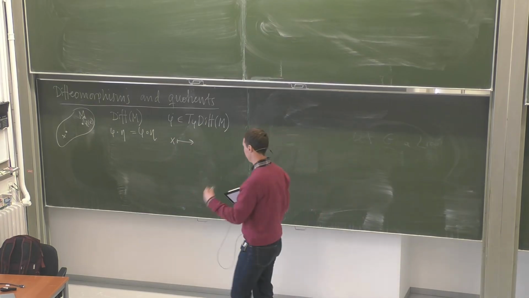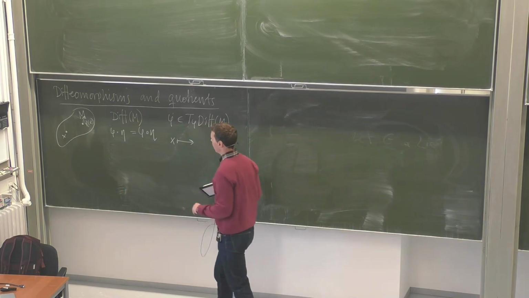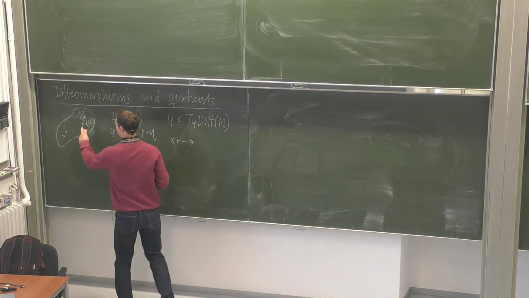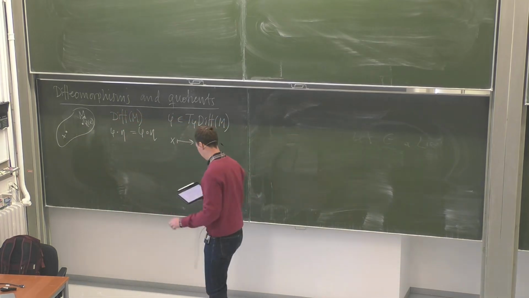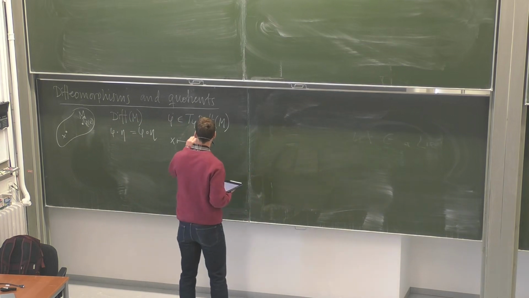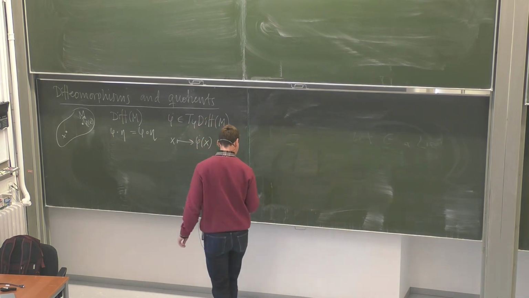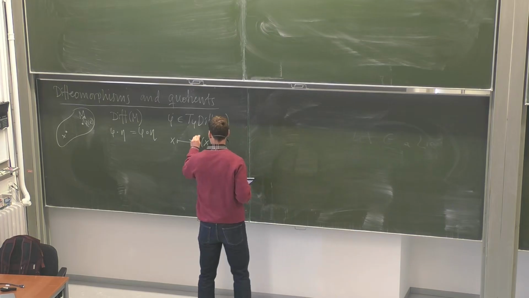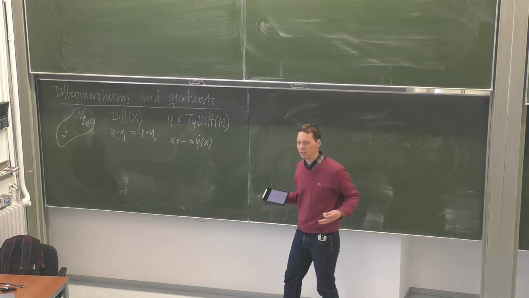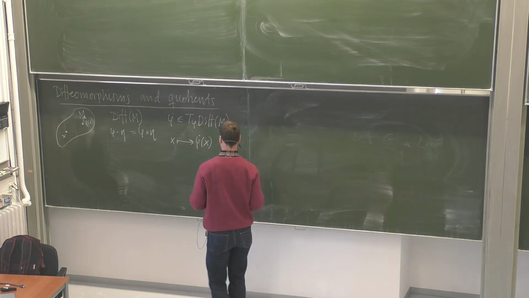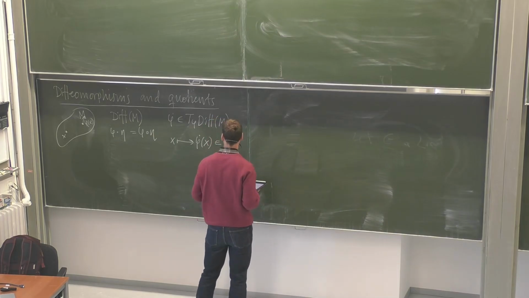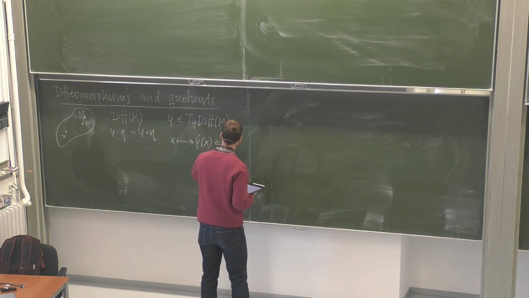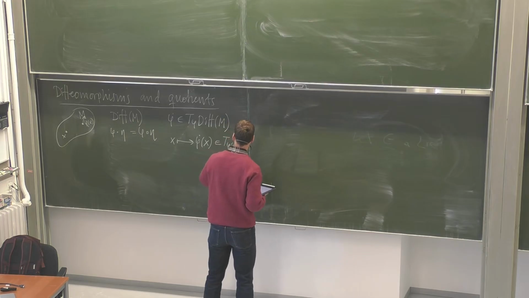It's not a vector field in general, but vectors sitting above the point phi of x. Okay? So this will be an element phi dot of x. The dot here just means that it's a tangent vector that sits in the tangent space of M above phi of x.